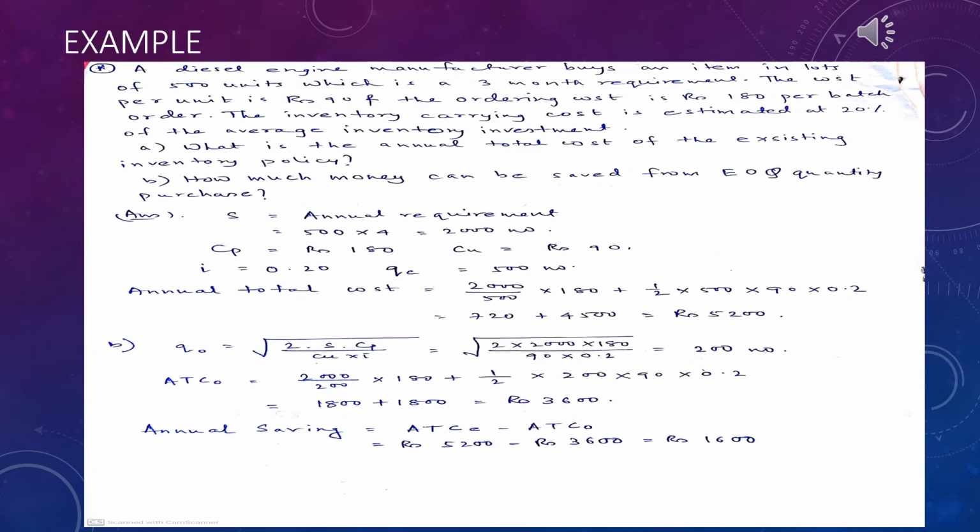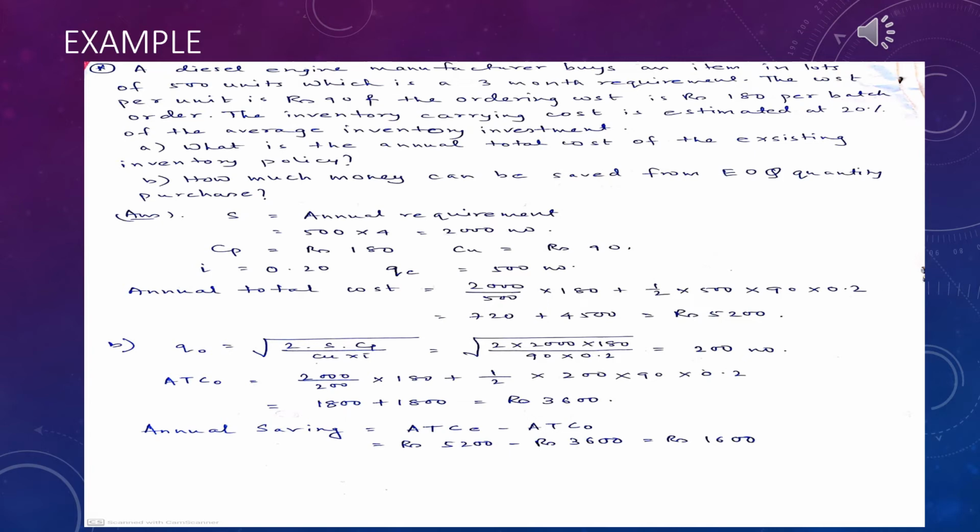Now, there are two different things that we need to find out. Before we go into that, let's find out the annual total cost first. To find the annual total cost, we have to find the annual requirement.